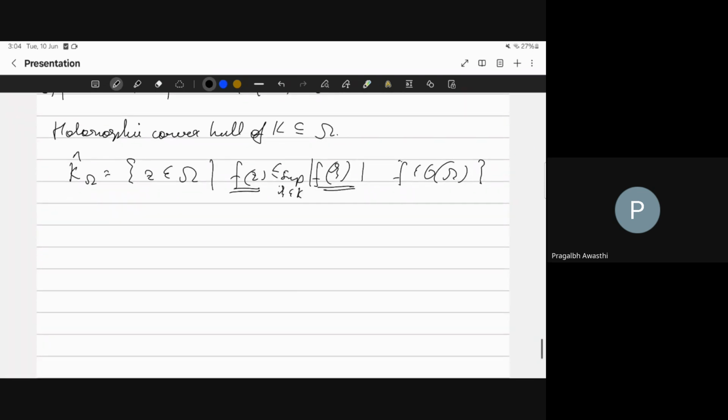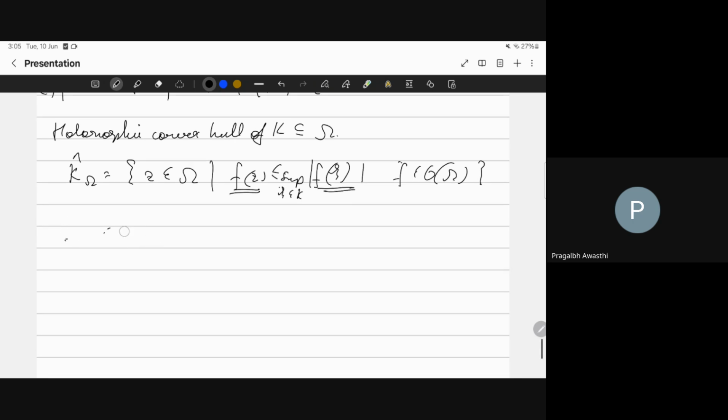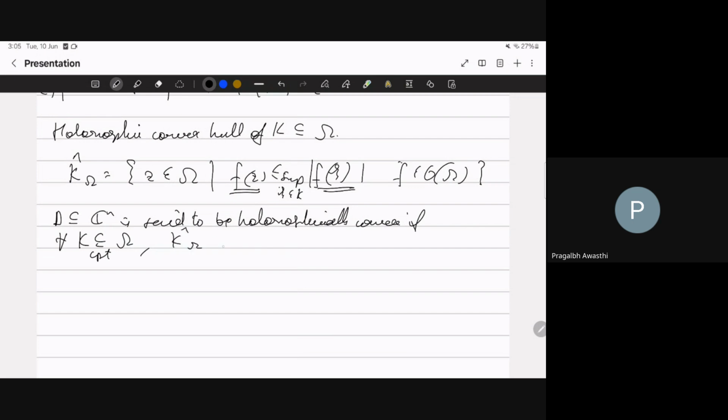And since we are running out of time, let me state one final result which will drive home the idea. This is the holomorphic convex hull, and a domain D in Cn is said to be holomorphically convex if for all compact subsets K of omega, the holomorphic convex hull is also compact.